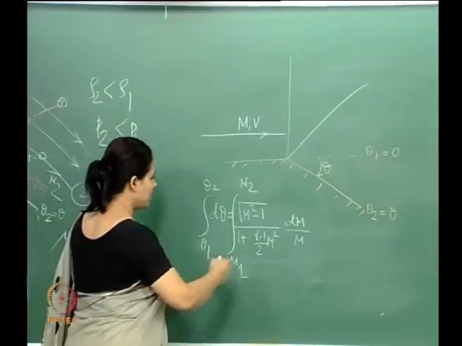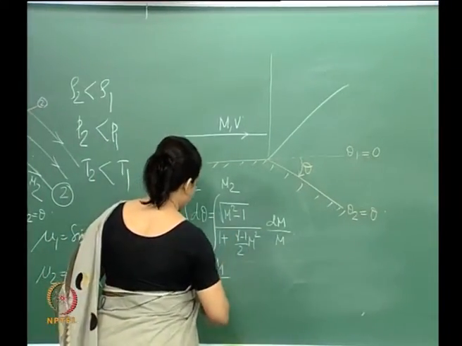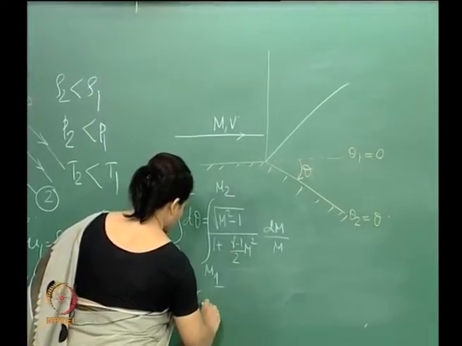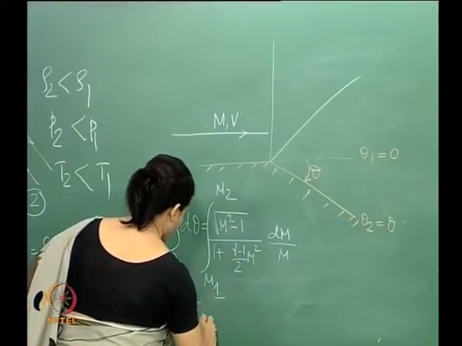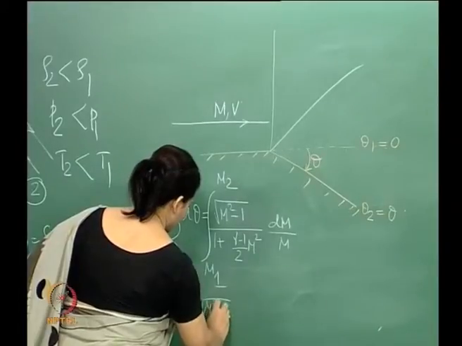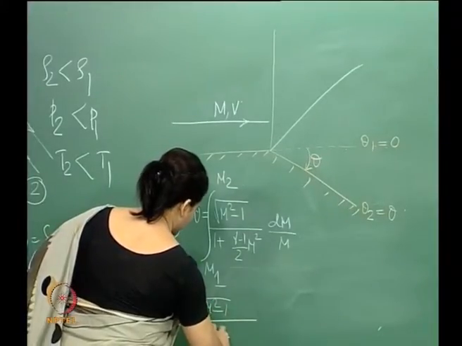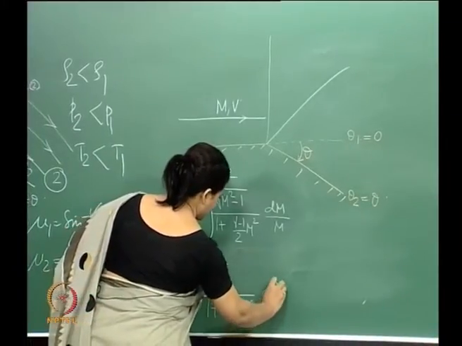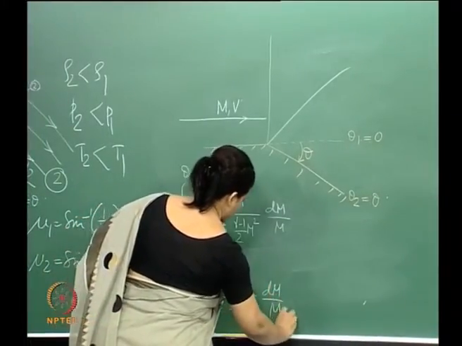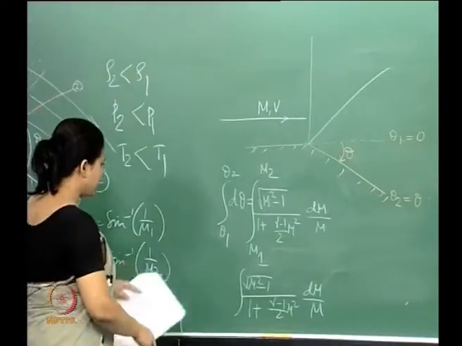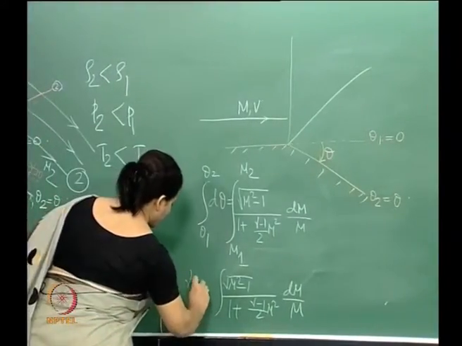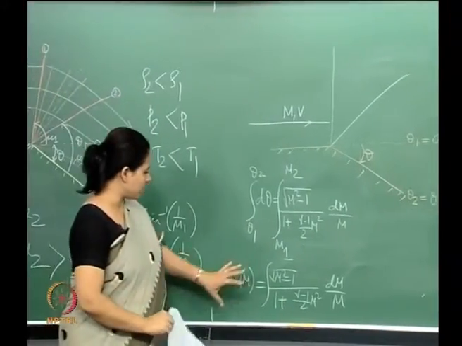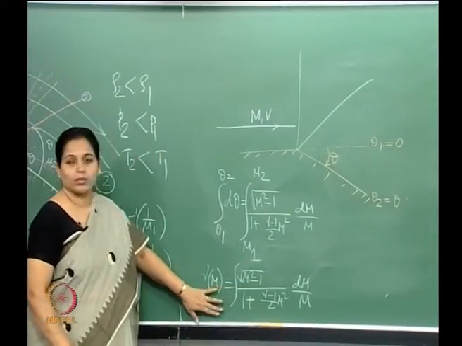Now, this integral, which is a function of the Mach number, is called the Prandtl-Meyer function.